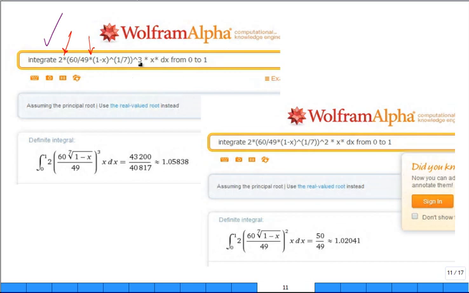And that's the cube on that long expression with 60 over 49 and 2 on the outside. And so anyway, here is alpha. It's around 1.05, 5% larger. And then there's beta. And I like it. They show you, okay, it looks like you're trying to compute a definite integral. You can check your work. Yes, that's right.